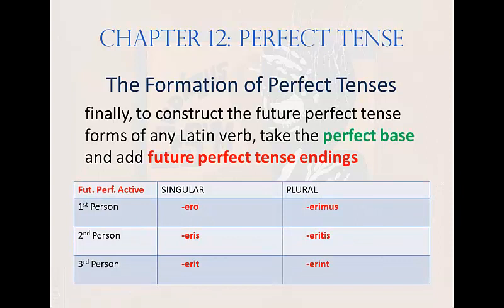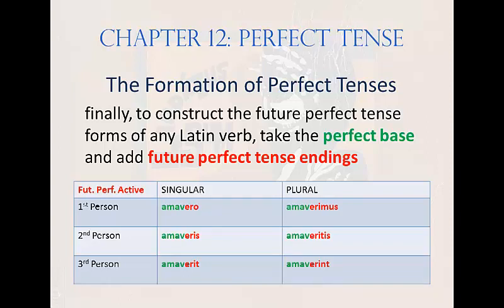Finally, the third of the perfect tenses, the future perfect, is formed by taking the perfect base and adding the endings ero, eris, erit, erimus, eritis, erint. It looks a lot like the future of the verb to be, but there's one big change. It's not erunt in the third person plural, but erint. To form a full finite verb in the future perfect tense, take the perfect base and add the future perfect endings we just recited.